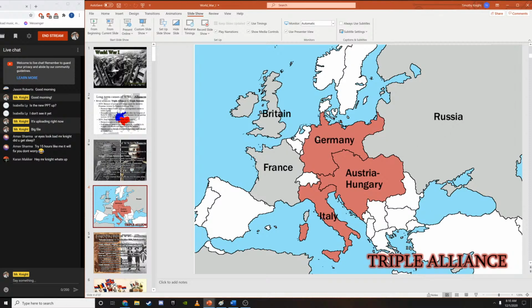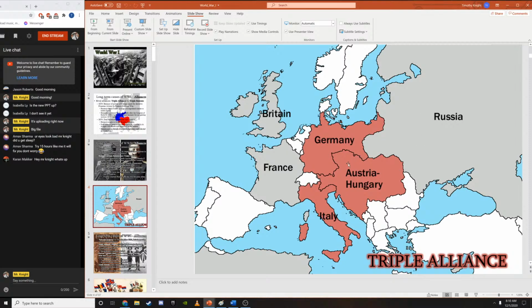So, why is this so significant? When the war starts, we are going to see some changes. After the war begins, they are no longer called the Triple Alliance and the Triple Entente.